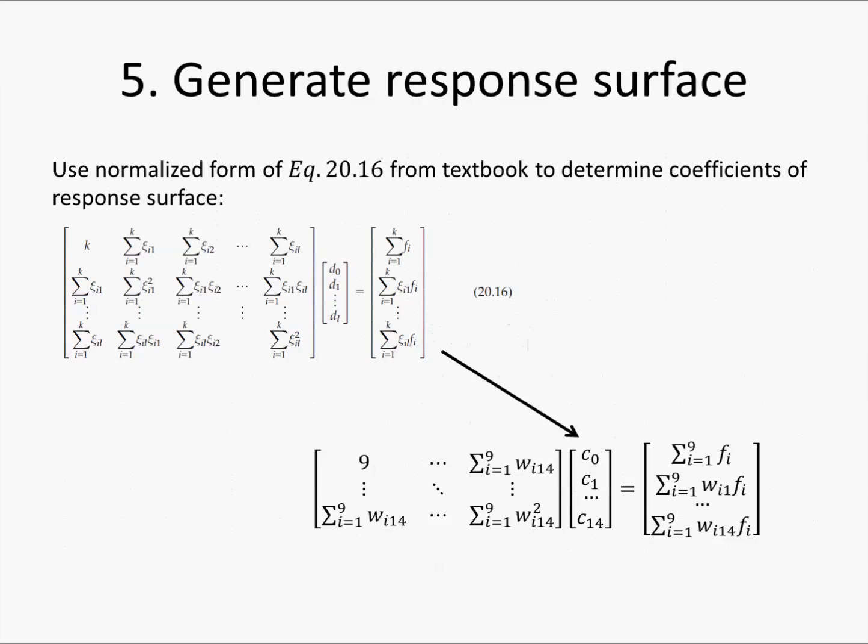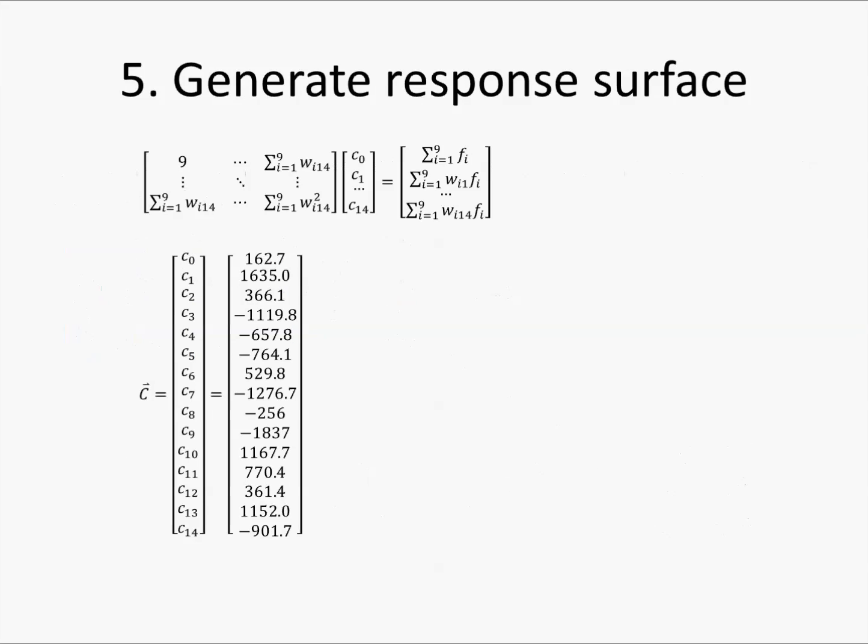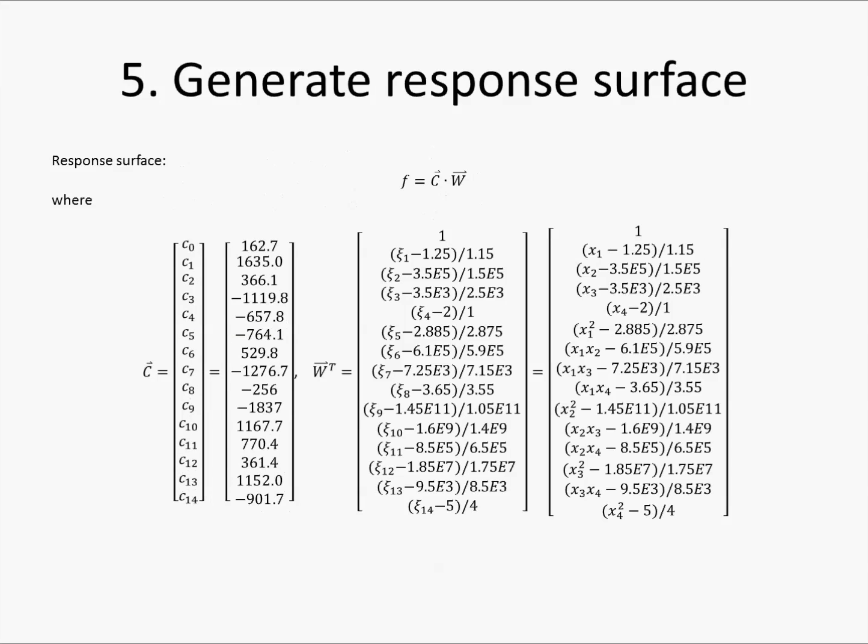Using equation 20.16 in the textbook, I find the coefficients for the response surface. Here is the coefficient vector C, and W is the inverse mapping from the arbitrary linearized variables to my original design variables. So far, I found the response surface: F is equal to C times W.